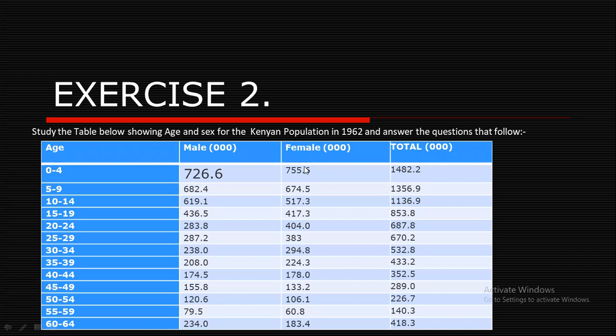So if it is this one, you only concentrate on these figures here, and these figures, these ones, leave them. Sometimes they are only used for calculation. They may ask you to calculate the percentage change. The totals for all of the people in Kenya, for both male and female, is the addition of this and this to get this.